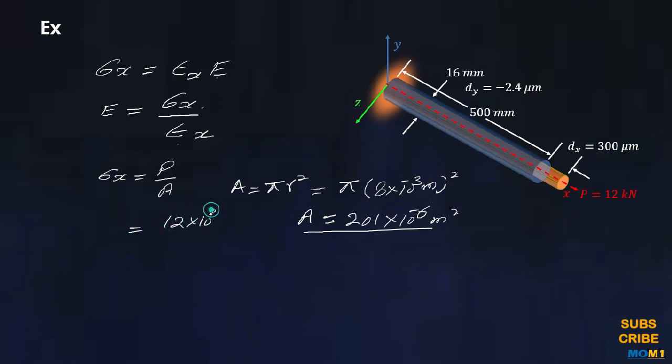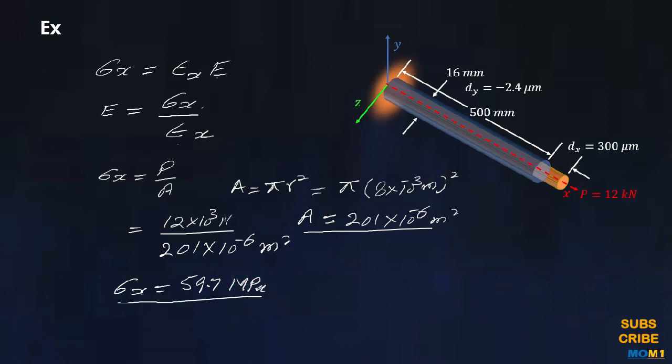Now using this value in this expression, we get 12 into 10 raised to power 3 Newton upon 201 into 10 raised to power minus 6 meter square, that is the sigma x value, that is 59.7 megapascal. So now we have the value of sigma x and epsilon x.